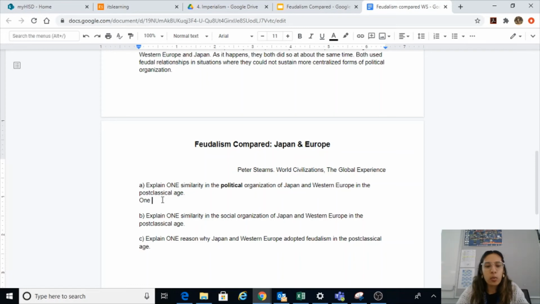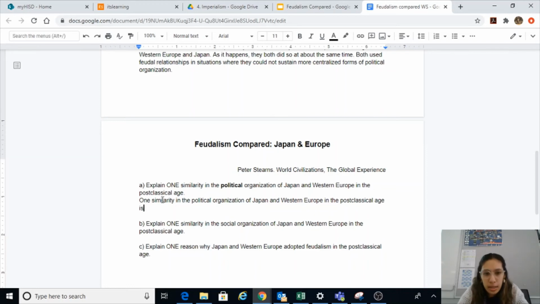So I can say one similarity in the political organization of Japan and Western Europe in the post-classical age is, and here's where I put my answer, the emergence of a feudal system.